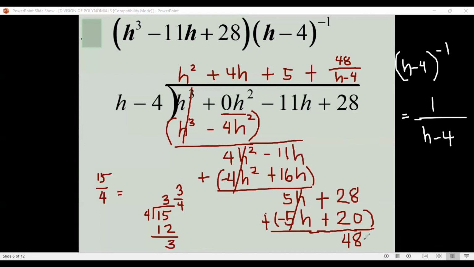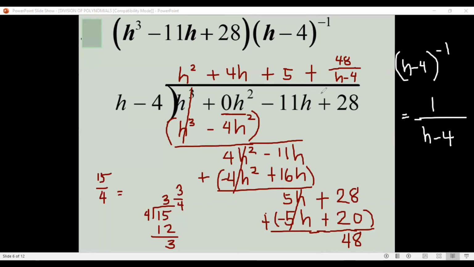Again, the remainder becomes the numerator, and then you have here h minus 4 being the denominator. And don't forget, whatever the symbol that you have here, it's positive, so there is a positive sign. Now, if this happens to be negative, you will put there the negative and then 48 all over h minus 4 because this is taken as a quantity.